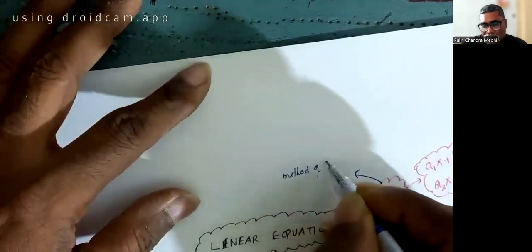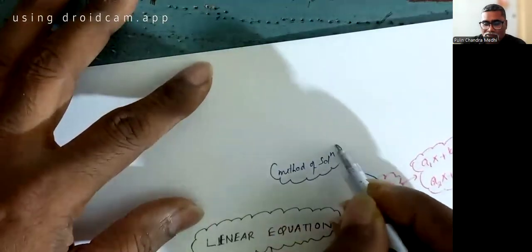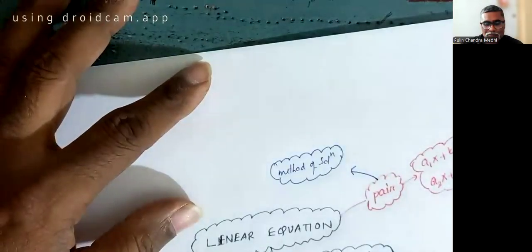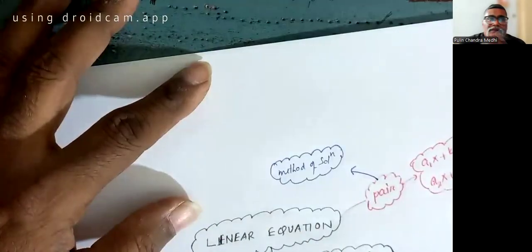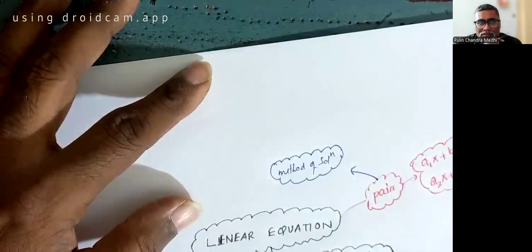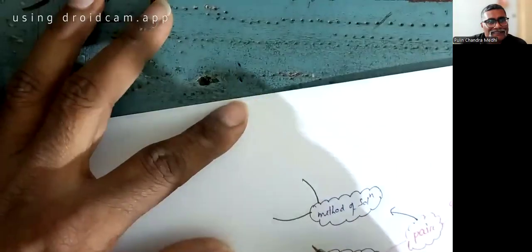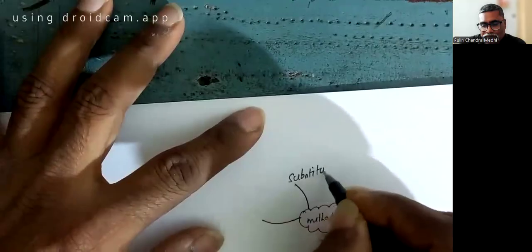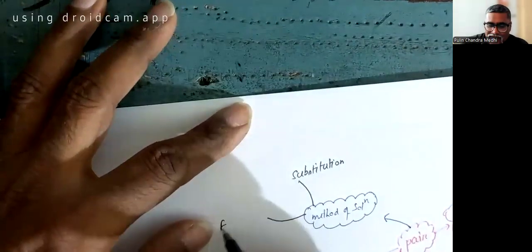So what are the methods? Actually, there were three methods, but CBSE has removed the method of cross multiplication. So now we'll have only two methods: one is substitution, another is elimination.